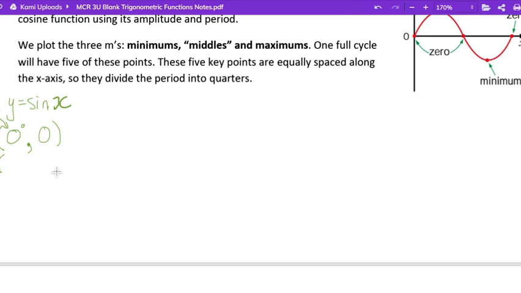What was the next angle we looked at? That's right. We were moving up by 90. So in a parent function, the key points are every 90 degrees.